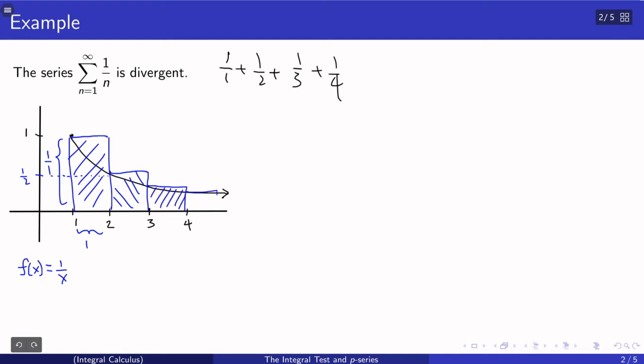The area of this rectangle is 1 over 4, and so on. So as a sum of areas, this series actually represents the total area of these rectangles.